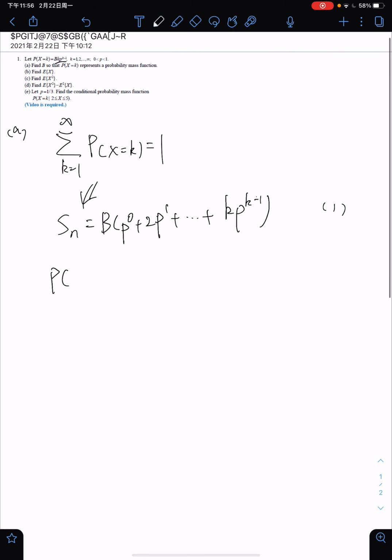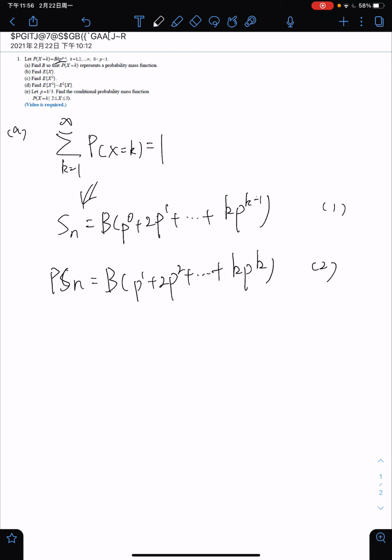So we know here it will be, okay. And we can use the first formula minus the second. For example, here we will get p to 1, and the last item will be remained.